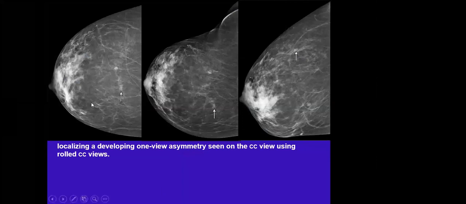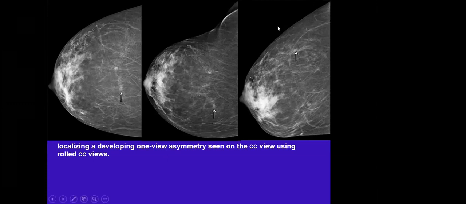This is an example. You have an asymmetry here, central toward the medial aspect of the breast. This was rolled to which side? The breast here is rolled medial. Look here, this breast is pushed toward the medial aspect, and this breast here is pushed toward the lateral aspect. From the appearance, you could appreciate which side it is going.